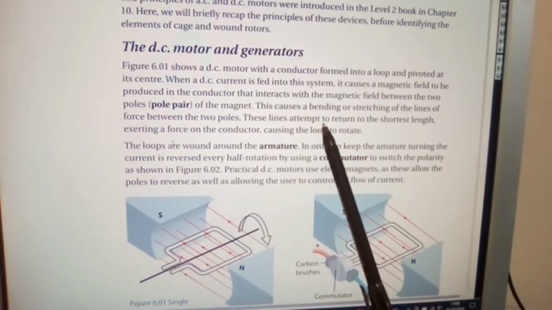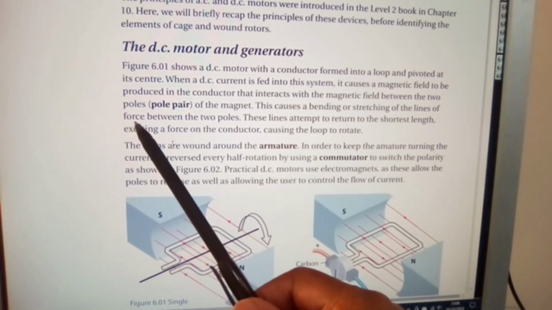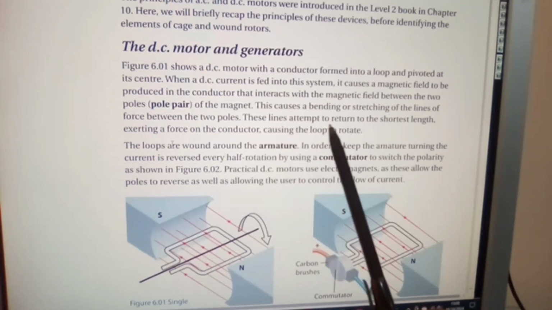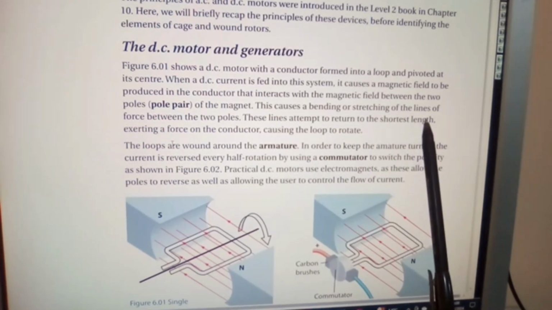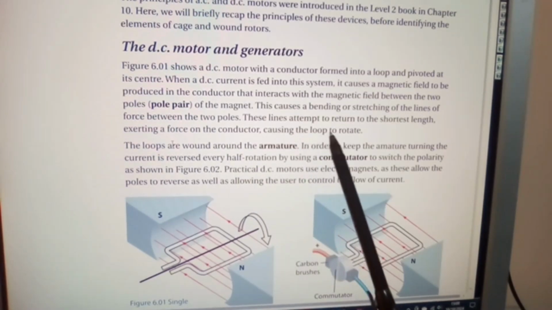This causes a bending or stretching of the lines of force between the two poles. These lines attempt to run through the shortest length, exerting a force on the conductor, causing the loop to rotate.